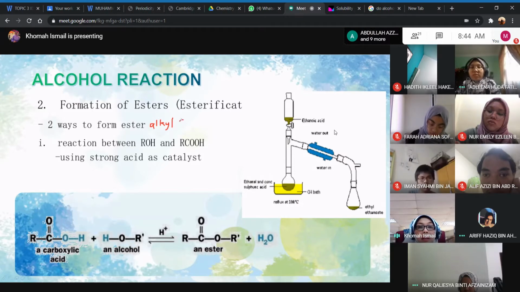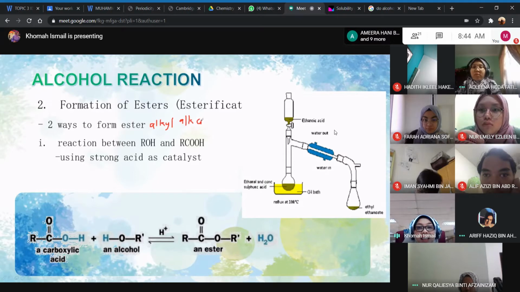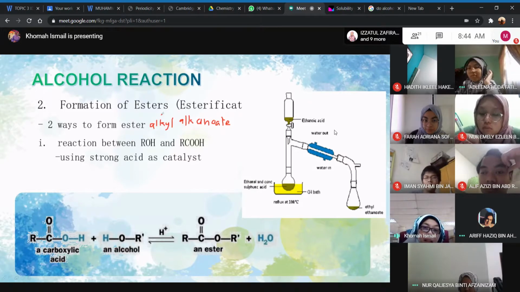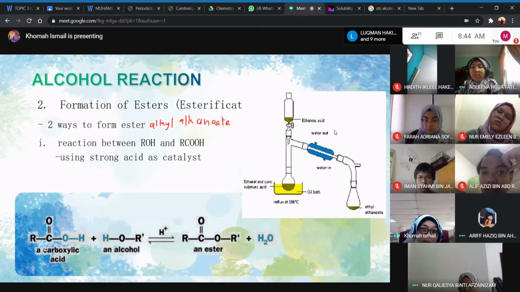Alkyl alkanoate, with the ending O-A-T-E. The part where it is alkyl is from the alcohol, and this one is from your carboxylic acid.